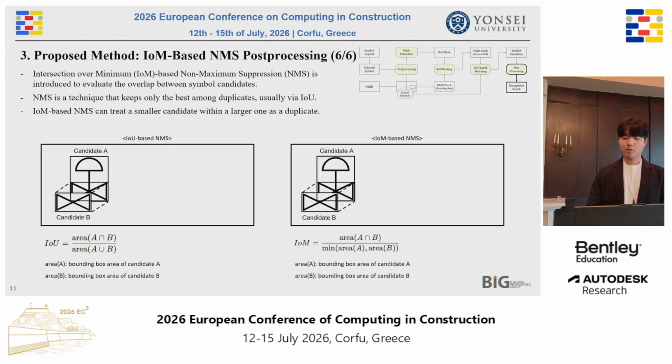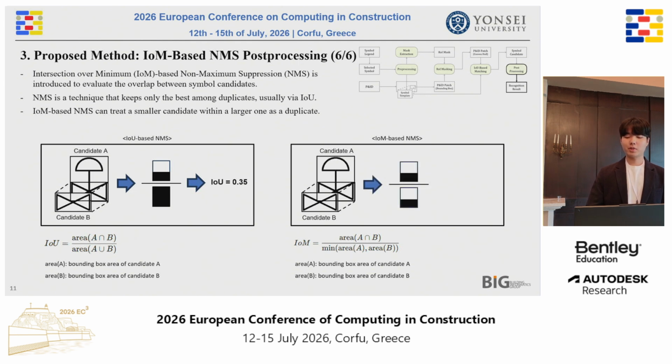For example, when candidate A contains candidate B like this, IOU-based NMS computes a score of only 0.35. So the duplicate survives. But with IOM-based NMS, the score is 1, and the duplicate can be successfully removed.